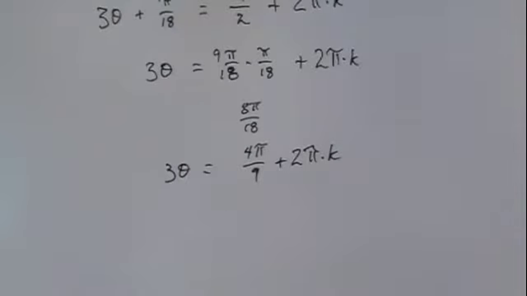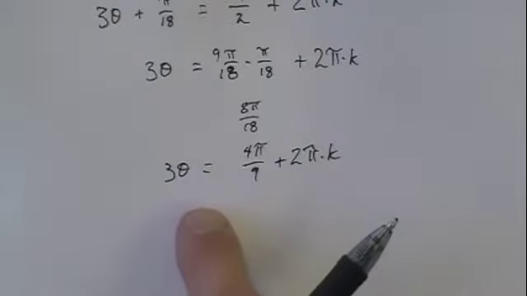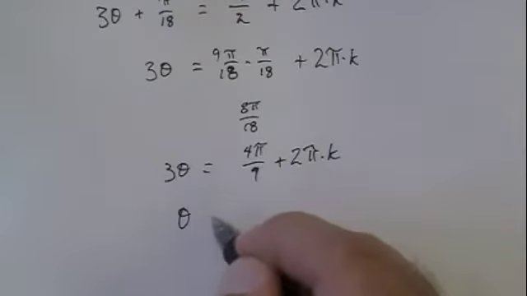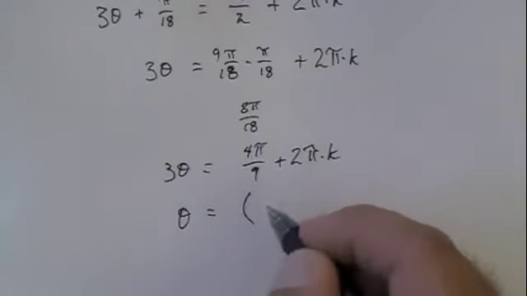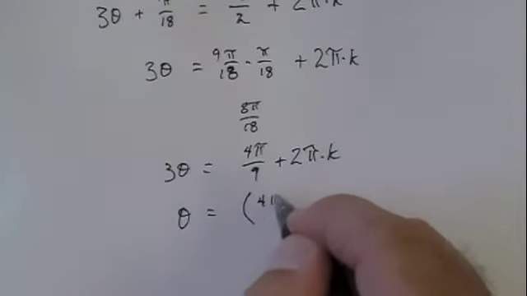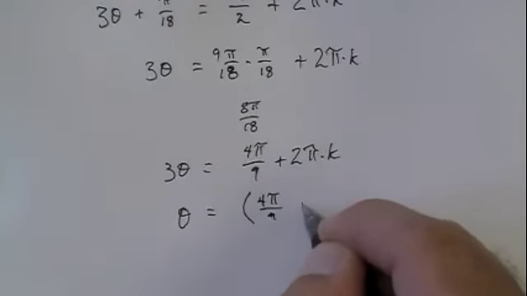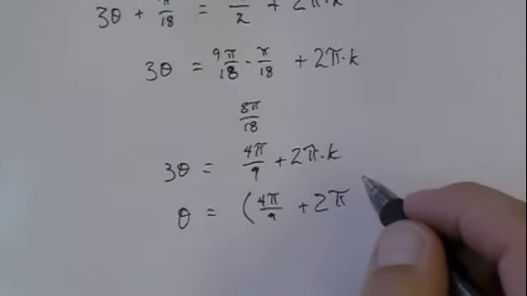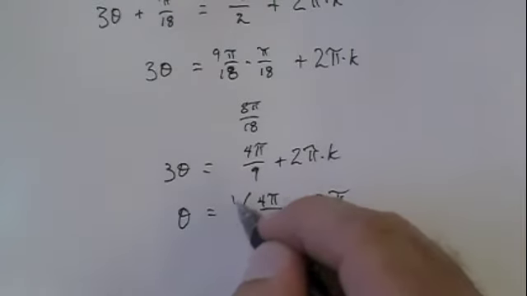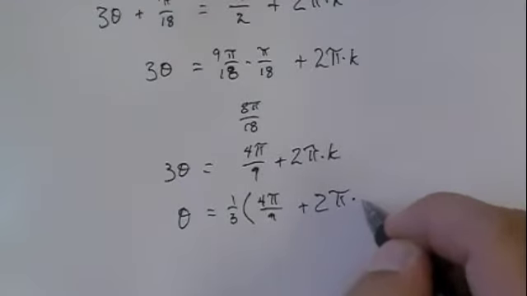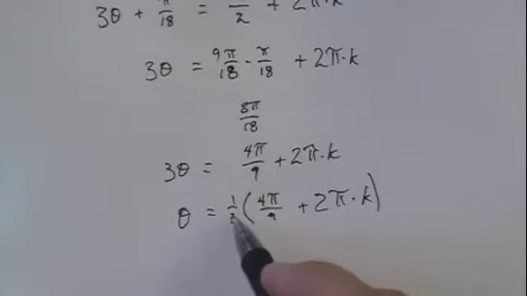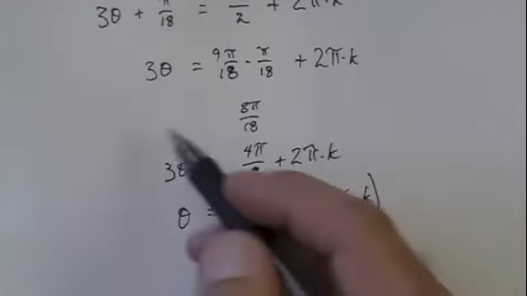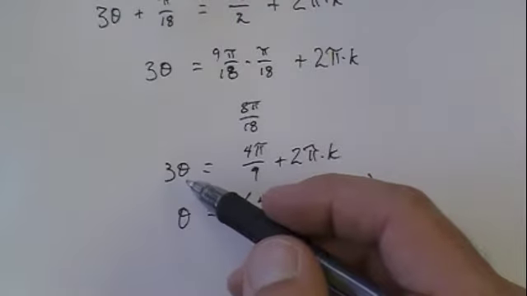So from here, now we're going to multiply by the reciprocal, and when I do that, I'm going to multiply this entire value, 4 pi over 9 plus 2 pi times the 1/3. And we're still taking this times k. Because that 3 times theta means we're going to be going around that circle faster.